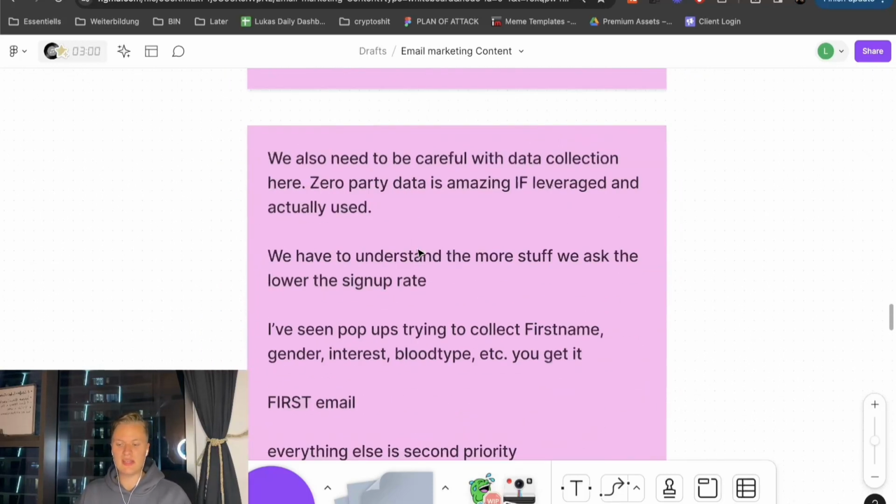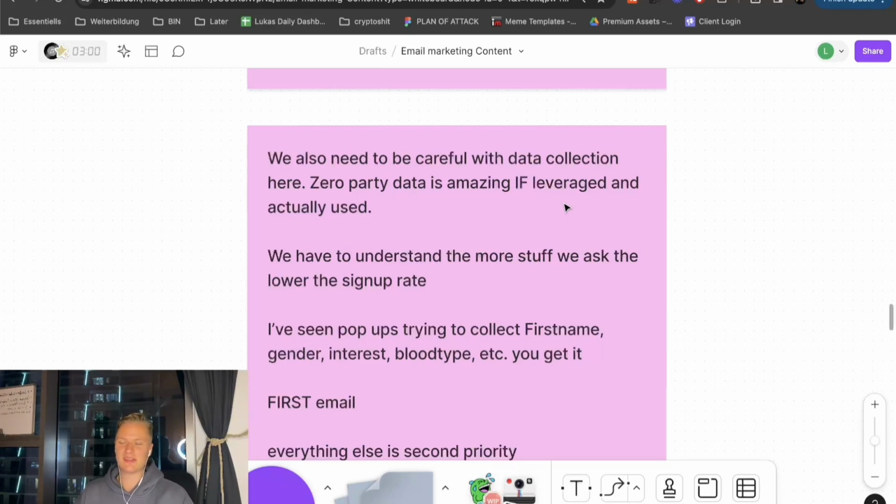We also need to be careful with data collection in general. What I see, and what actually works sometimes, is that you put some zero-party data collection within the pop-up form, which is great. The more data, the better. But do we actually use that data? Most of the brands we work with collect this data and then never look at it again.